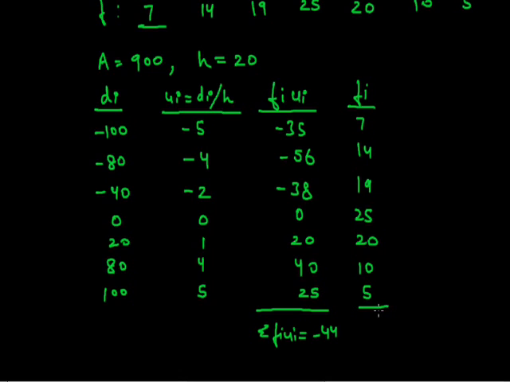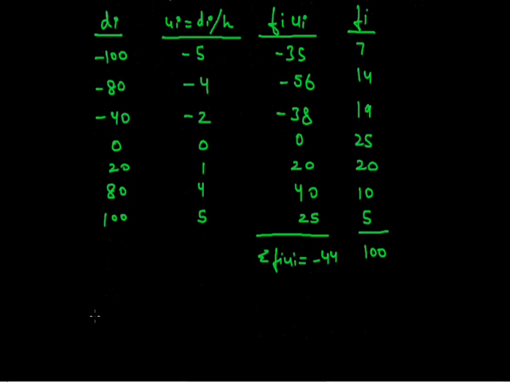And the summation of fi, because we need to divide the summation of fi ui by the summation of fi, is 7 plus 14, 21 plus 19, 40, 40 plus 25, 65 plus 20, 85 plus 10, 95 plus 5, 100. So this is the value we got of the summation of fi.